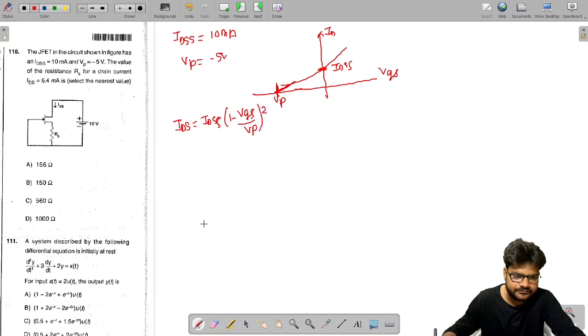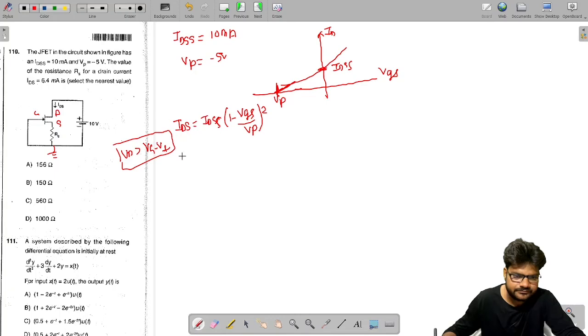Now how do I know it is in saturation? You can check out, this is gate, gate is grounded, simply you can see this is grounded, this is drain, this is source. Okay. So you can check out if Vd is greater than Vg minus Vt, this condition will be satisfied here. So this is in saturation.